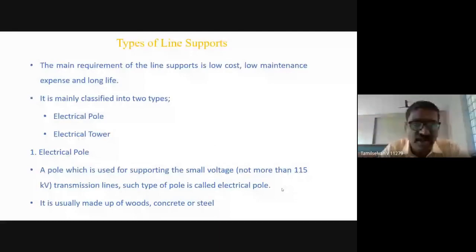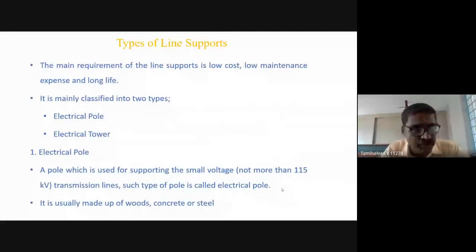Concrete means reinforced concrete, and steel means steel poles or towers. So we use only these three types for the electric pole: wood, concrete, or steel. A pole which supports a smaller voltage transmission system is called an electric pole.